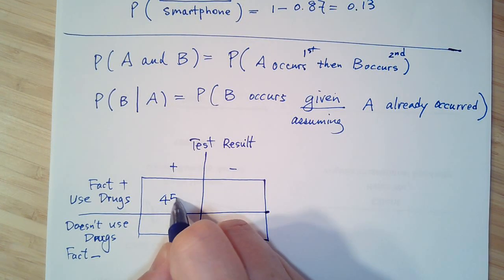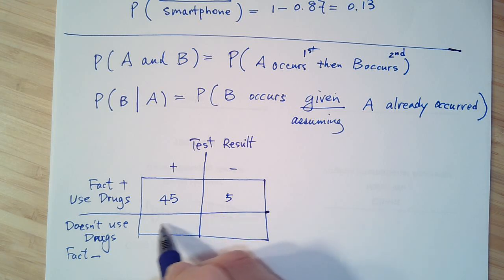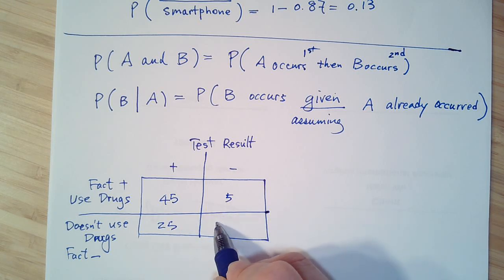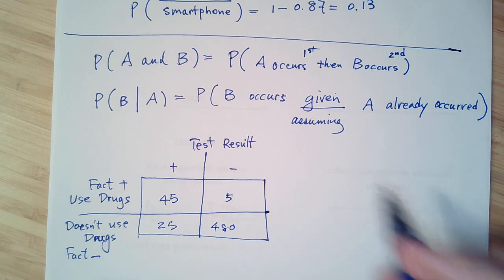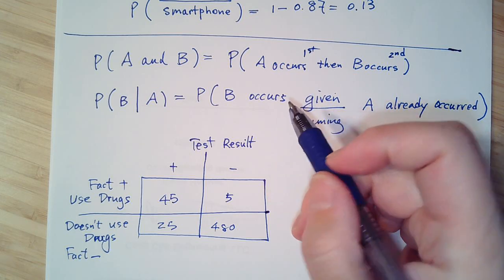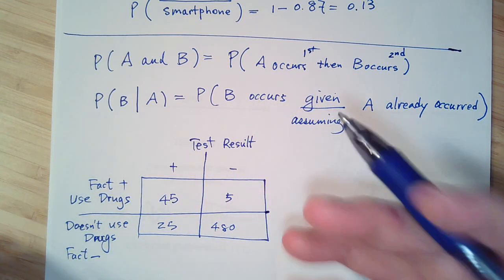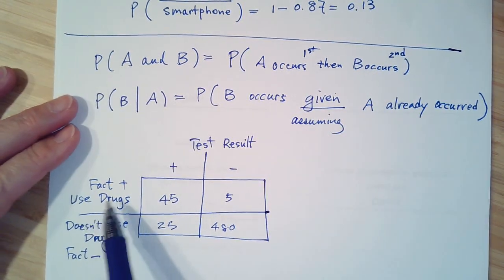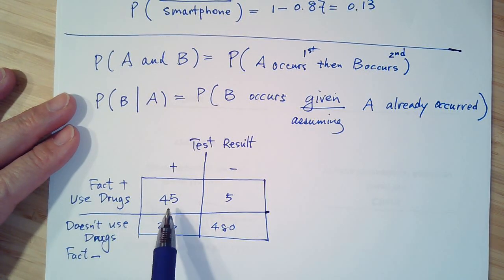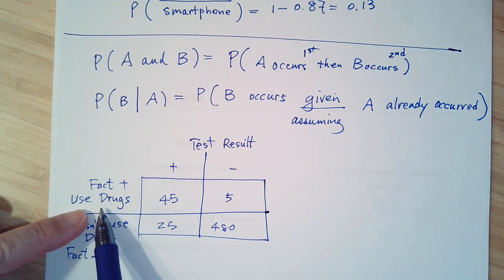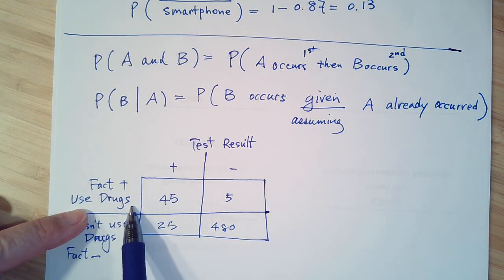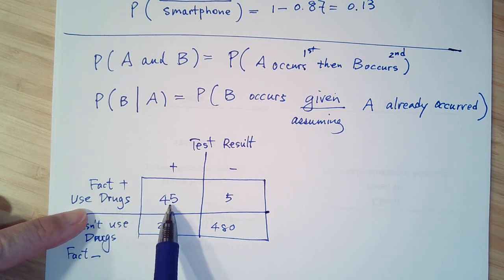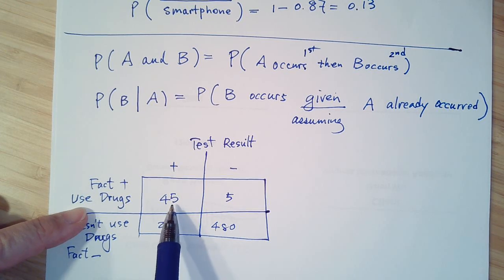So 45, 5, 25, and 480. What does that mean? We want to find who is using drugs. There are 45 people who actually use drugs, and the test result comes out positive. Is that the correct answer?